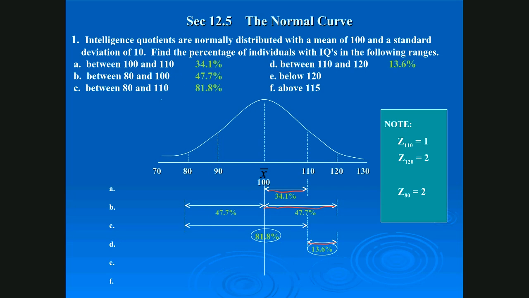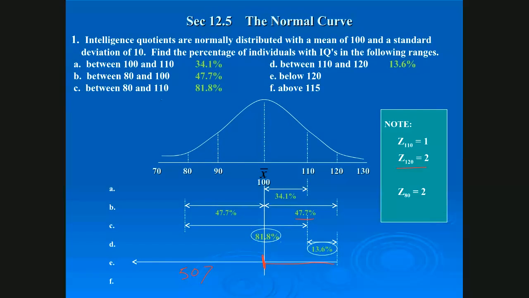Okay, in example E, we're asked to find the percentage of individuals that have a score below 120. Well, our z-score for 120 we have already found. That's 2 standard deviations away from the mean, so we know that's 47.7%. And we also know that 50% of our data is below the mean, right here.